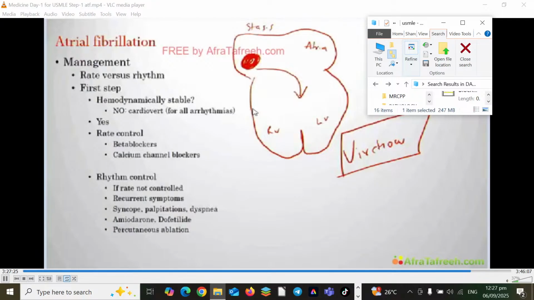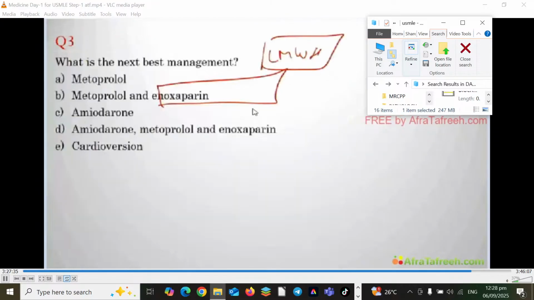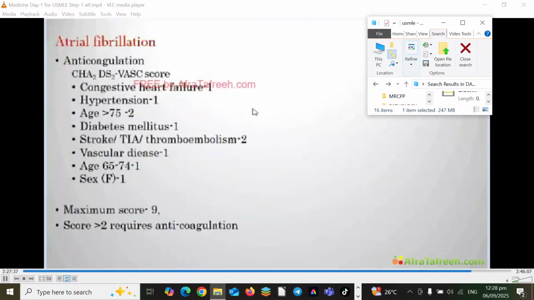This is calculated on the basis of a score called the CHA2DS2-VASc score. This score helps to identify people who are at a higher risk of developing a thrombus.